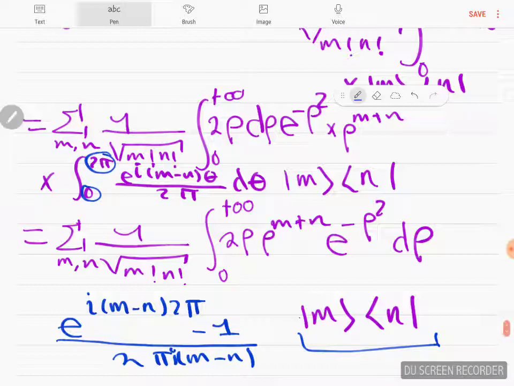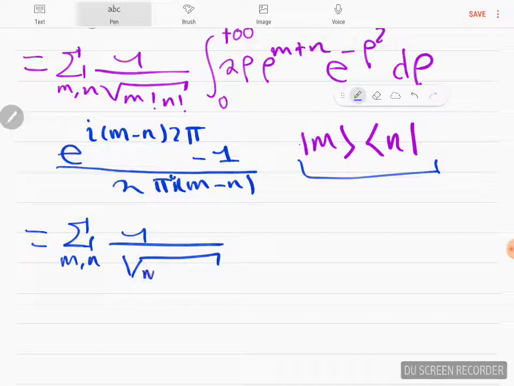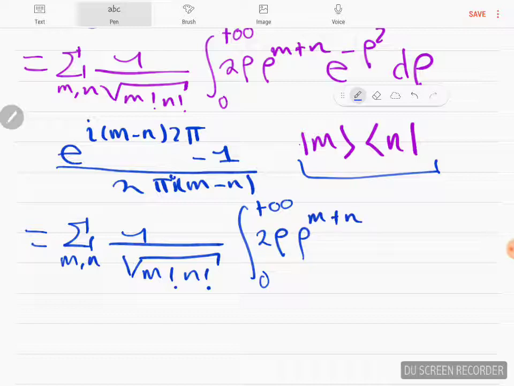So then this is equal to the summation over m and n of 1 over the square root of m factorial n factorial, integral from 0 to infinity of rho to the power of m plus n e to the minus rho squared d rho, times, what I'm going to do is this.